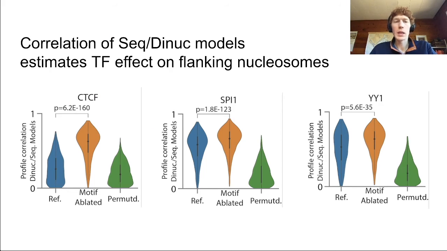We can apply this approach across instances of different TFs, measuring the change in correlation between DeepNuke-seq and DeepNuke-dinuke before and after motif ablation. The effect size and the p-value of the rank change essentially measure the strength of the difference between the extrinsic and intrinsic effects that are revealed upon motif ablation.